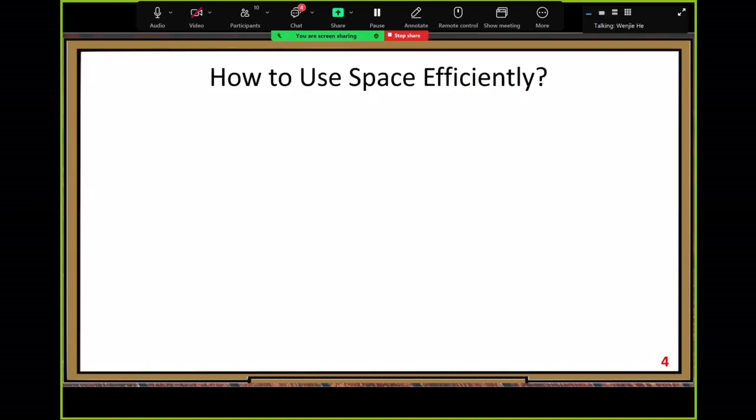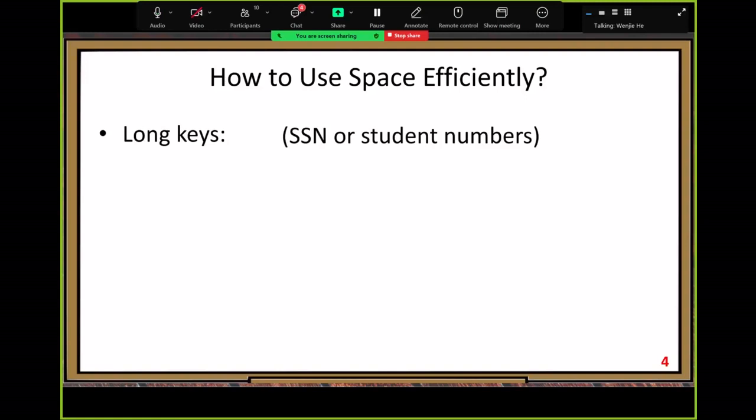Let me use a concrete example to explain the problem and the improvement: how to use space efficiently with long keys. Think about popular user IDs, sometimes SSN or student numbers.